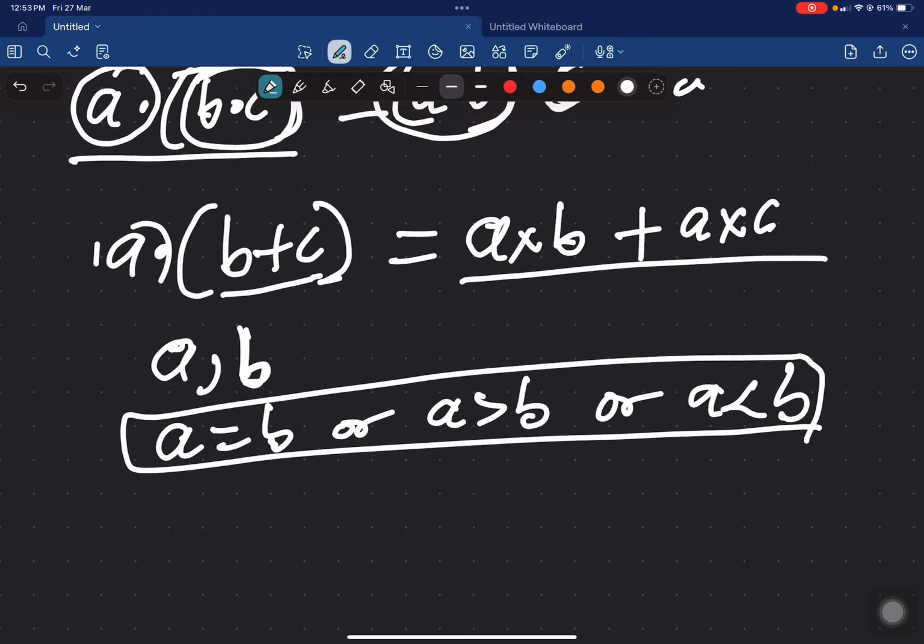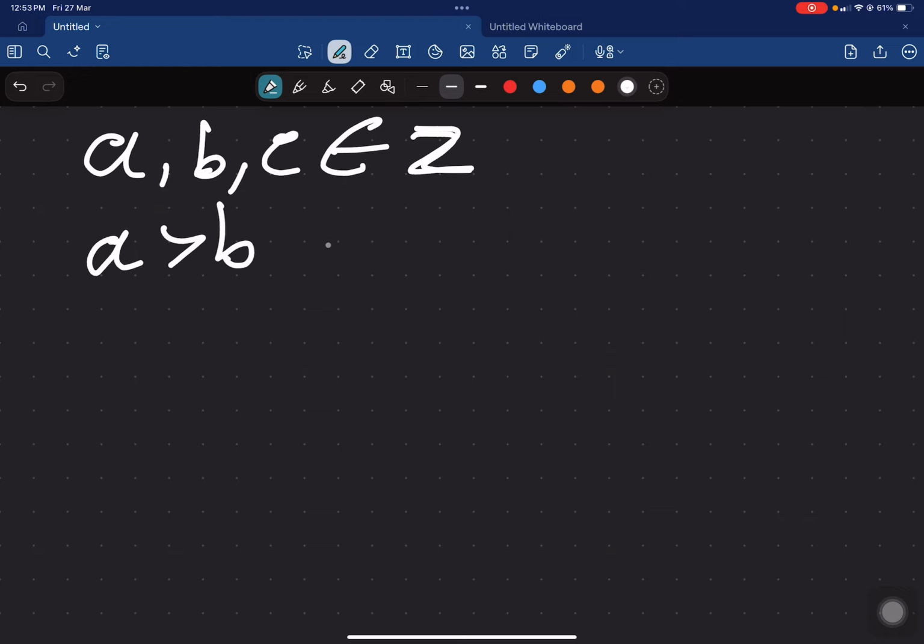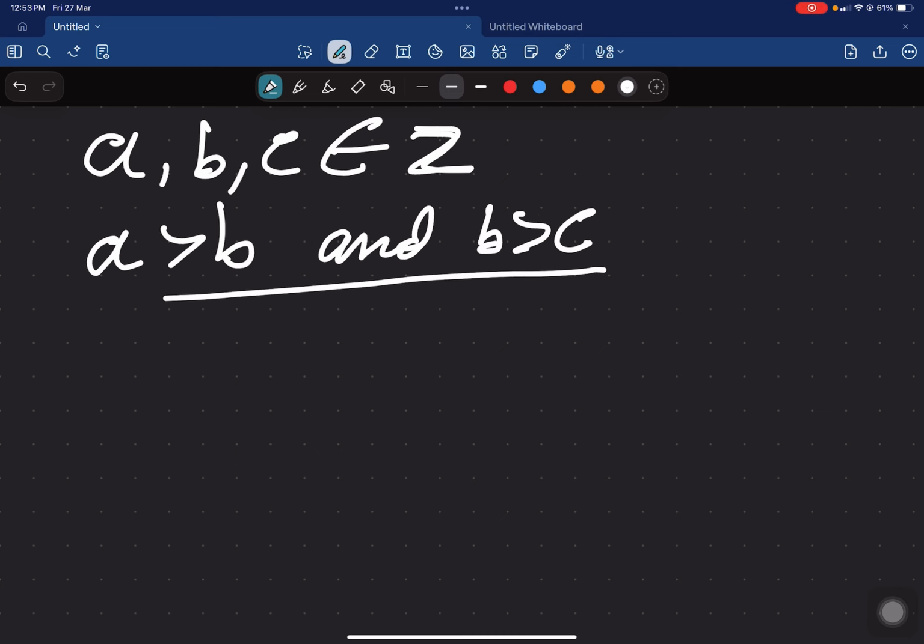Now the law of transitivity: when we take 3 integers a, b, and c belonging to the set Z, and a is greater than b and b is greater than c, then this should imply that a is greater than c. So this is what the law of transitivity is telling us.